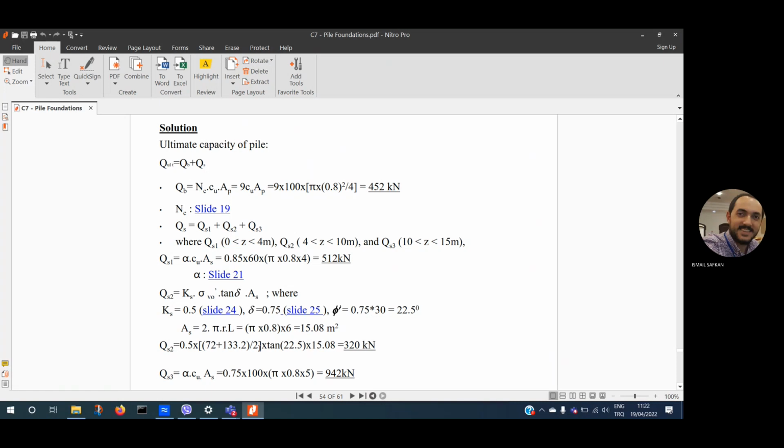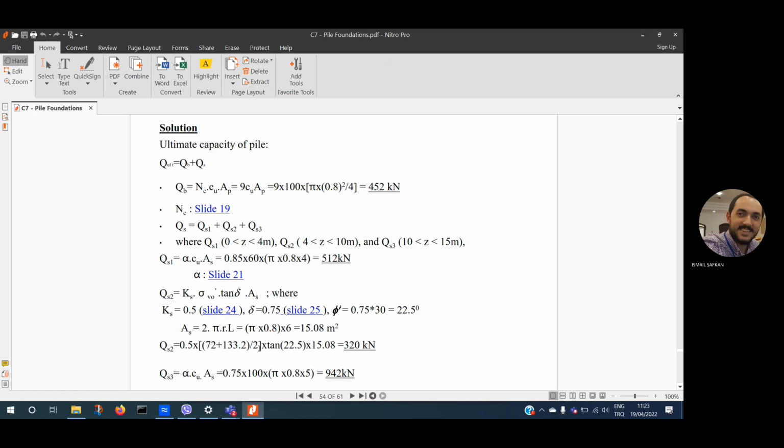This is a lateral surface: pi times diameter times L. Pi diameter L. Imagine that you cut it and you open it. Now it's a rectangular form.